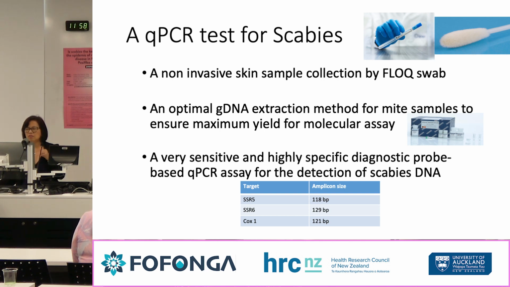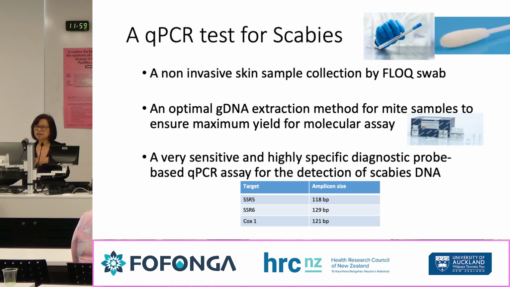So how it's collected is you dip it in saline, and then you swab the lesion, and you put it in a DNA buffer, and this one is already your transport medium, and you just break off the swab at the junction and then keep it in that until ready for analysis. So you can keep it at room temperature while you're in the field, or keep it in the fridge, or freeze it until it's ready for analysis.